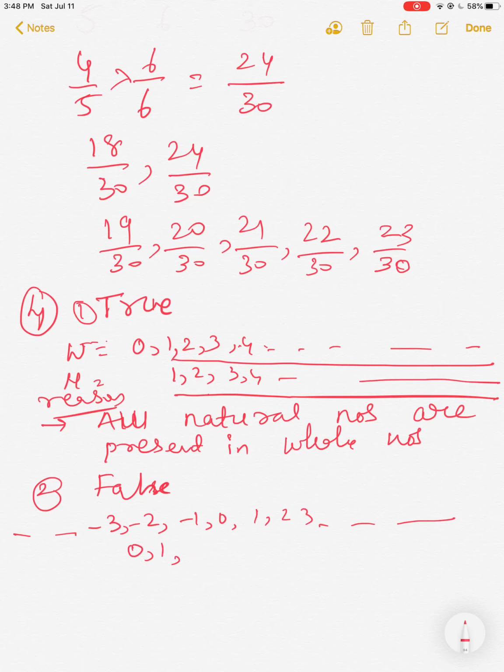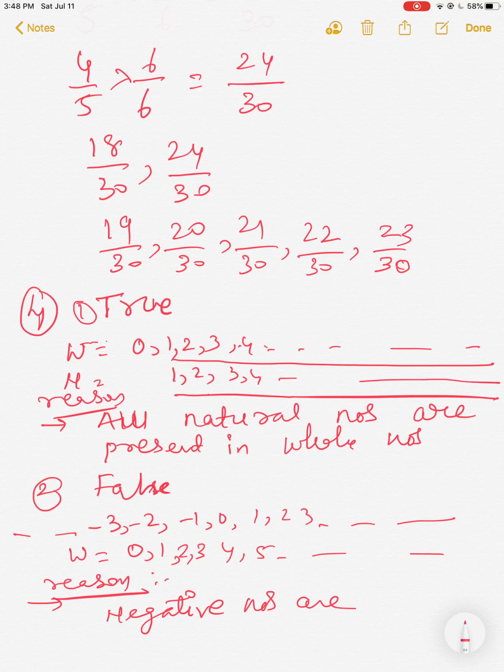In the whole numbers we have 0, 1, 2, 3, 4, 5 and so on. Why is it false? Because negative numbers are not there in the whole numbers.